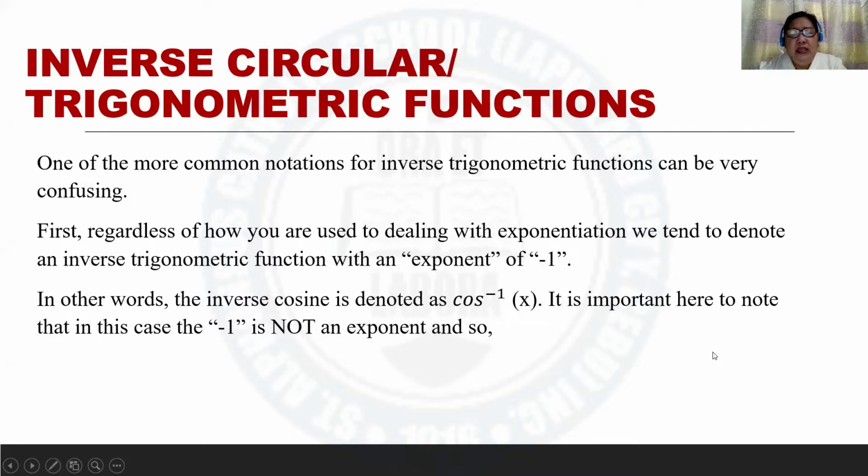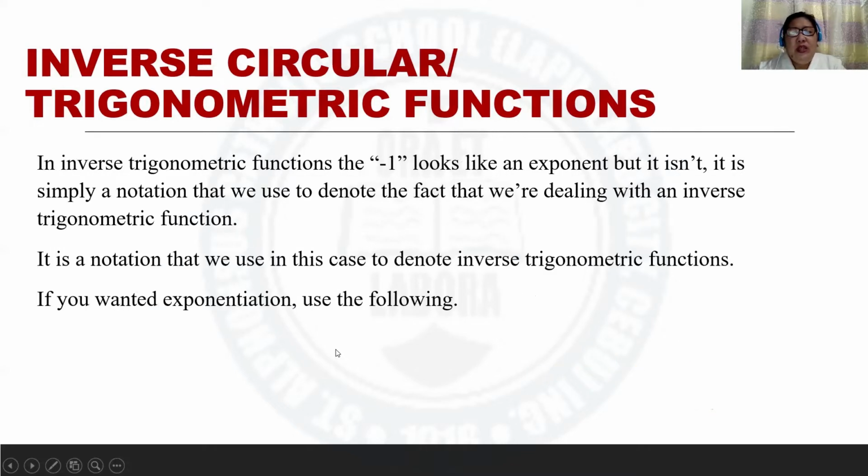It is important here to note that in this case, the -1 is not an exponent, and so cosine to the negative 1 of x is not equal to 1 over cosine x.